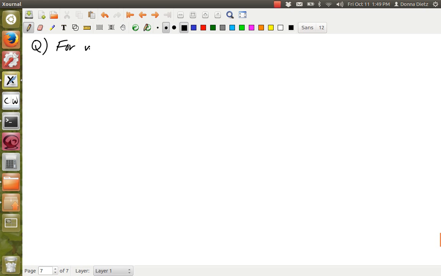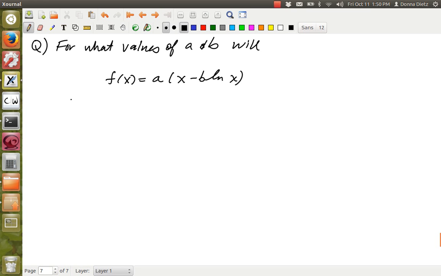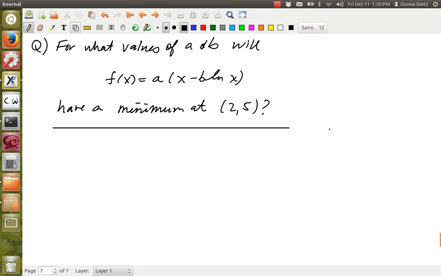For what values of A and B will this function have a minimum at 2, 5?